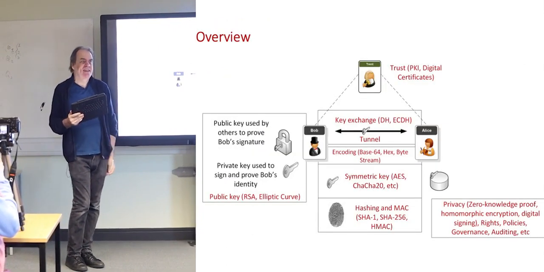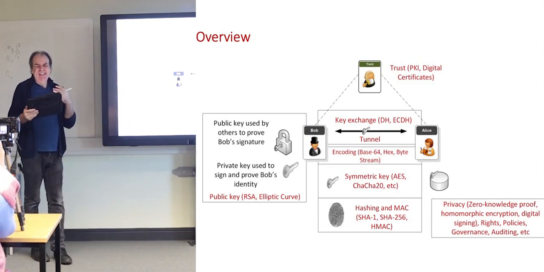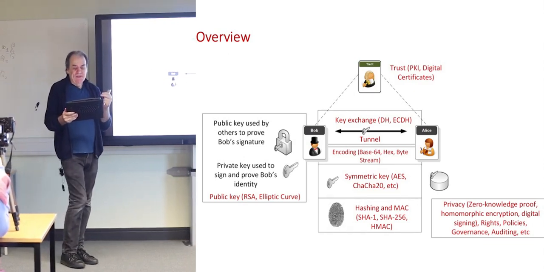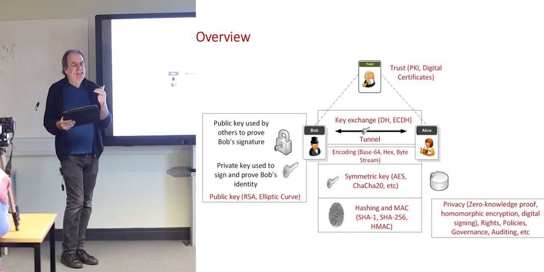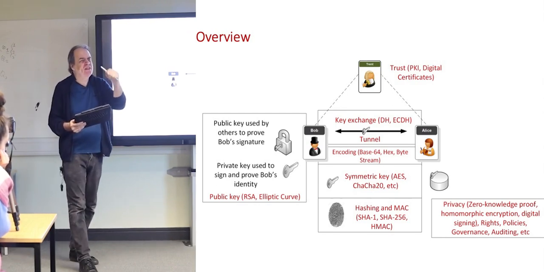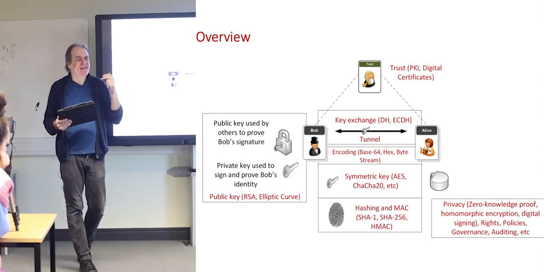Good. Okay. So how does this all fit together? I've tried to encapsulate it as what happens. Whenever you see that little green padlock when you connect to Google, think, what is happening here?